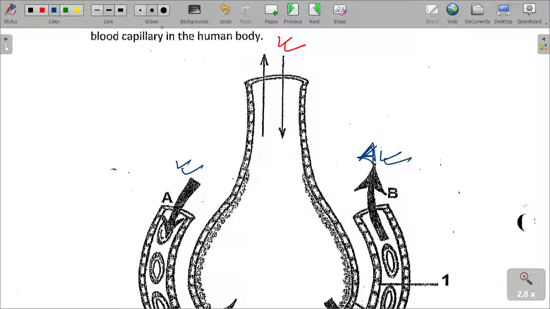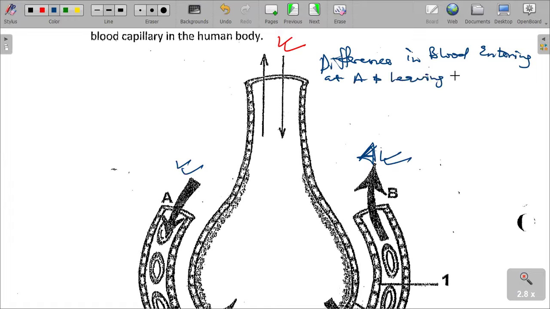So, the difference in blood entering at A and leaving at B. What's the difference?